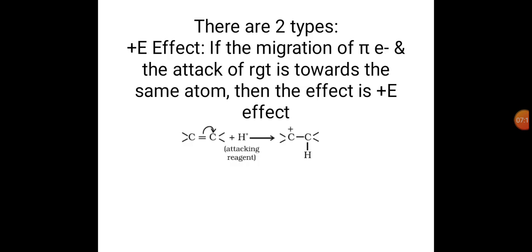And there are two types of this electromeric effect. The first one is the positive electromeric effect. If the migration of pi electrons and the attack of the reagent are towards the same atom, then the effect is found to be positive electromeric effect.